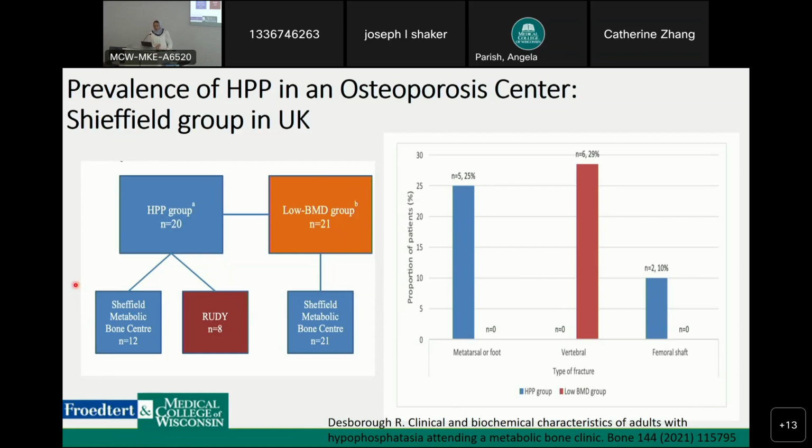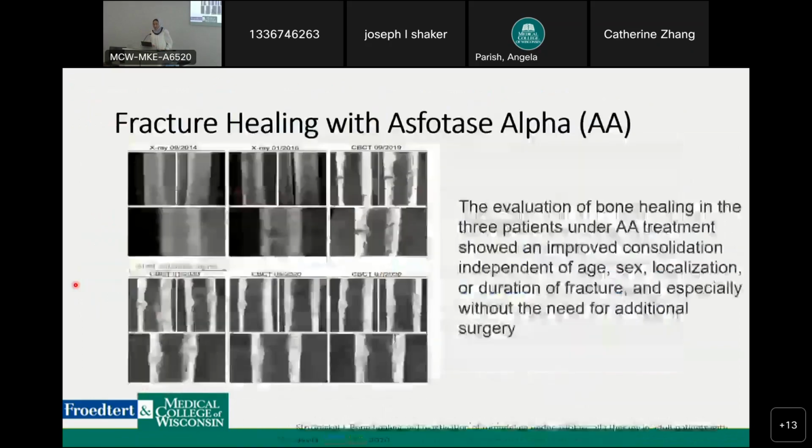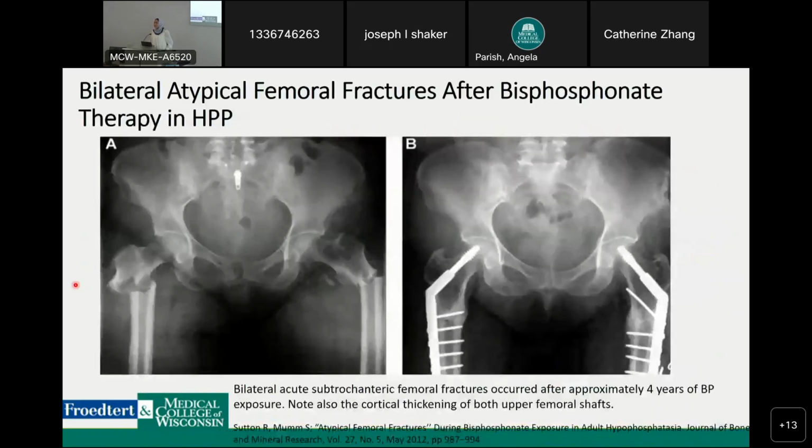Anybody have other ideas? I agree with the use of teriparatide, Joe, but how intermittently are you going to use it? I don't know. I was going to give it for 2 years and then wait, or maybe 18 months and then stop for 6 to 12 months and give it again, but I don't know. Is there any data for Romo? No, but I think Randa showed a study on a similar drug.